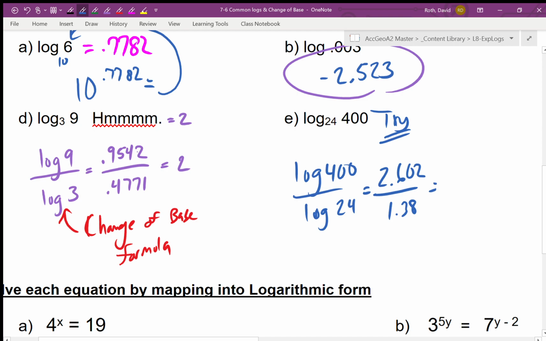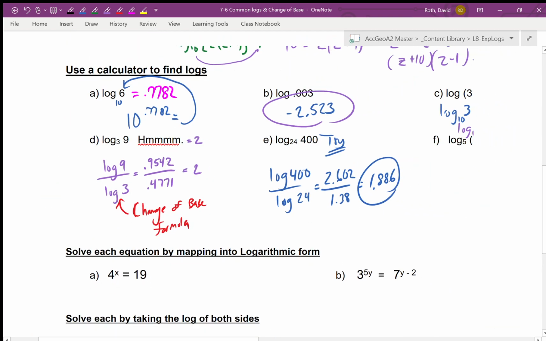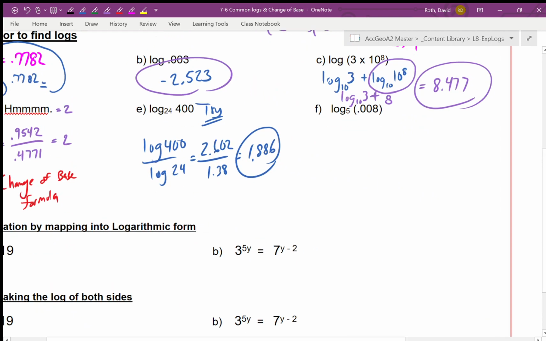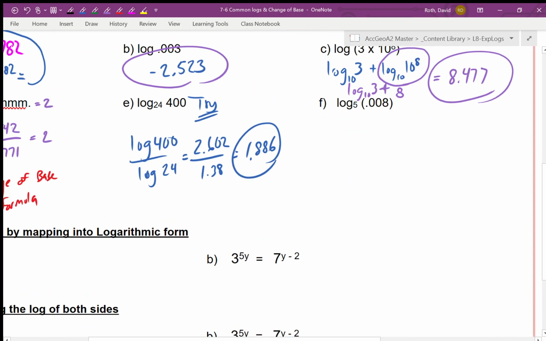And it looks like that is going to be 1.886, or thereabouts. So it works. It's kind of cool. And if you want to try it, what is 24 to the 1.886 power? Test it out. Does that get you to 400? That's probably approximately equal.